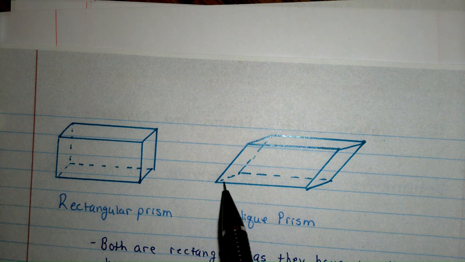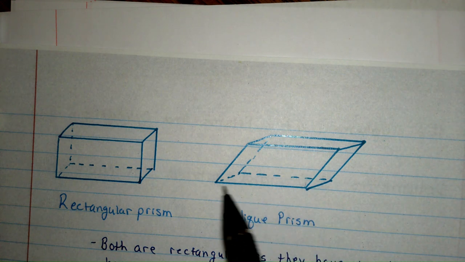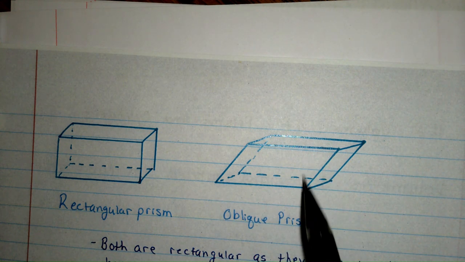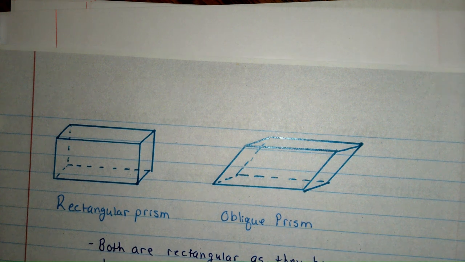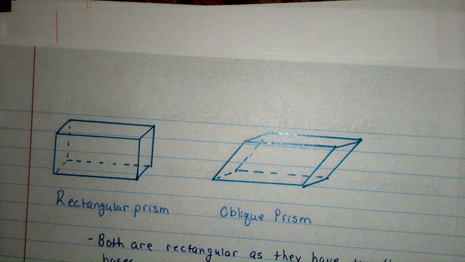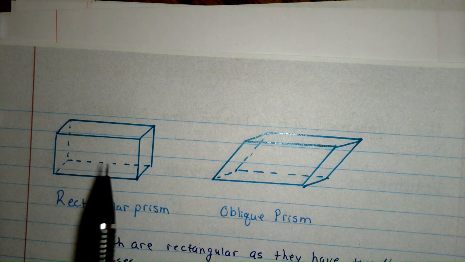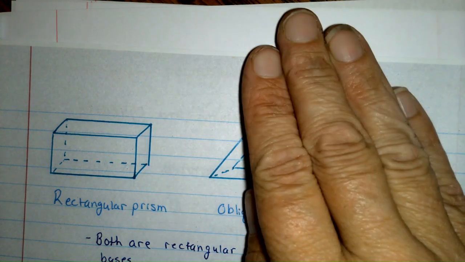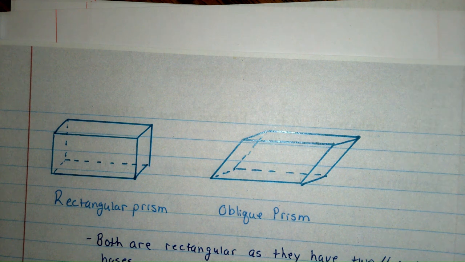We still have to do the base times the height. Remember, height has to happen at a 90-degree angle, or length times width, right? And then we're going to times by that height, which is the distance between the two parallel faces. So think of this like a deck of cards perfectly stacked up, and you know how you can kind of just take them and shift them? That's kind of the shape you get there. Okay?